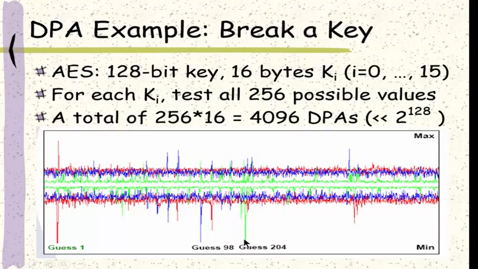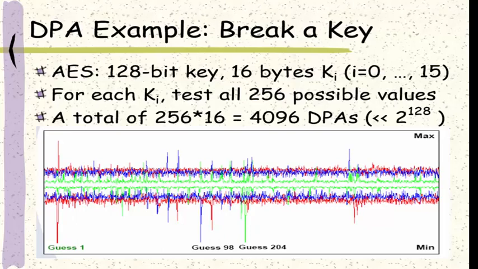This slide shows how differential power analysis attacks break a 128-bit AES key, or 16 bytes. As described earlier, first, a large amount of input text m sub i's will be encrypted to generate the ciphertext c sub i's, and the power waveforms will be collected.